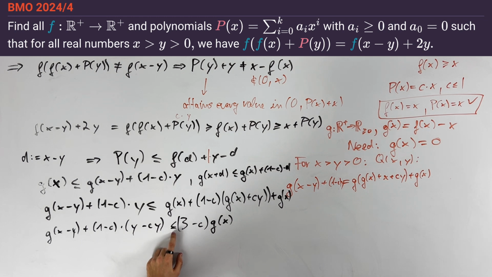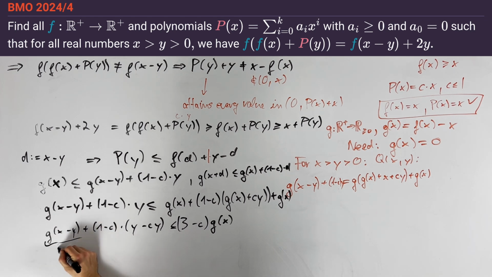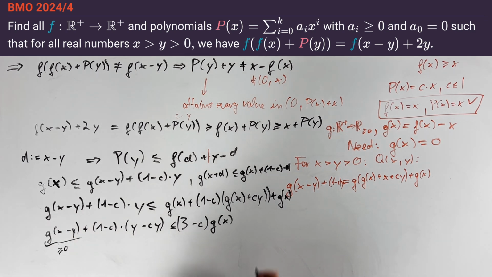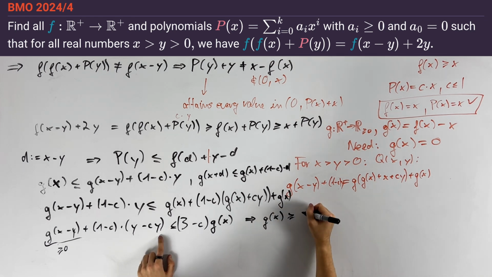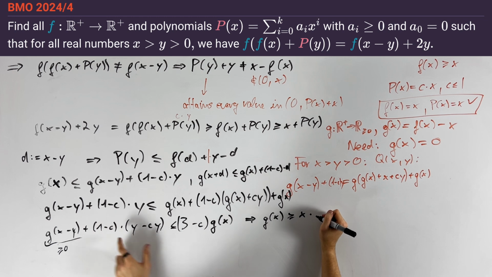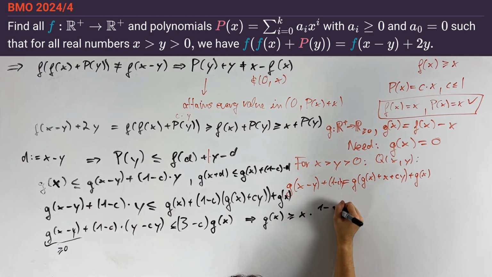This inequality implies a linear lower bound on g(x), as y was just an arbitrary positive real number less than x. So we can let y approach x from below, and then also use the fact that this term will always be non-negative to conclude that g(x) is greater than or equal to x times (1 - c)(1 - c)/(3 - c).